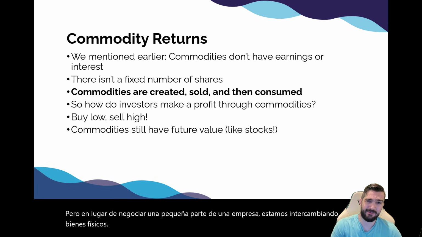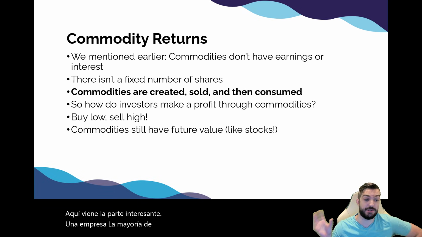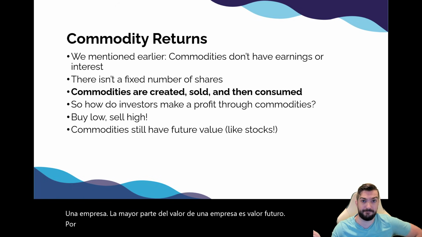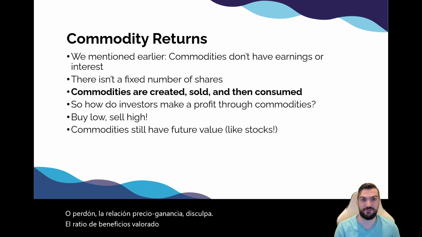But here's the interesting part. A company, the majority of a company's value is future value. That's why we have something like the price to earnings ratio. The price to earnings ratio looks at how much profit a company is generating, earnings, and compares it to the share price.